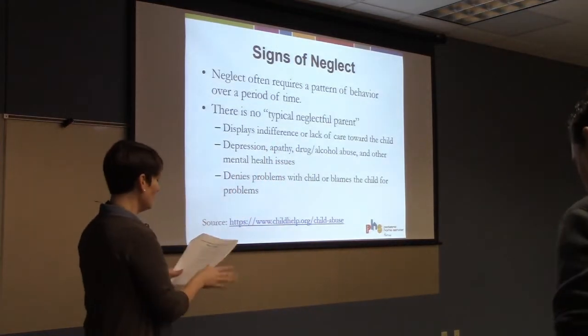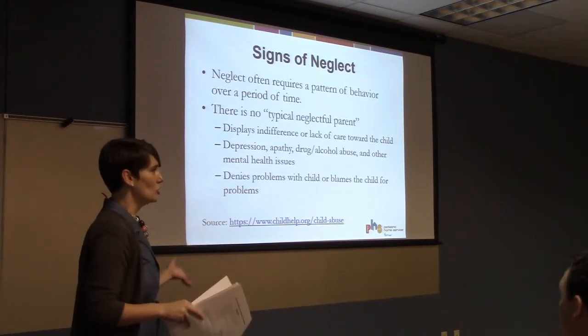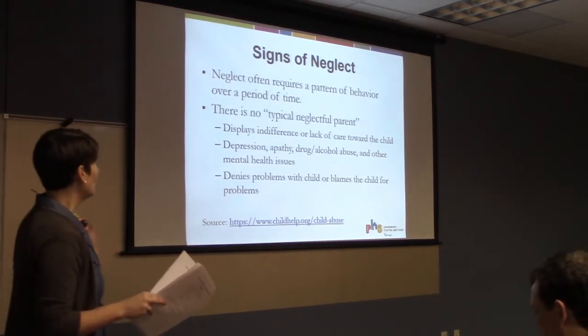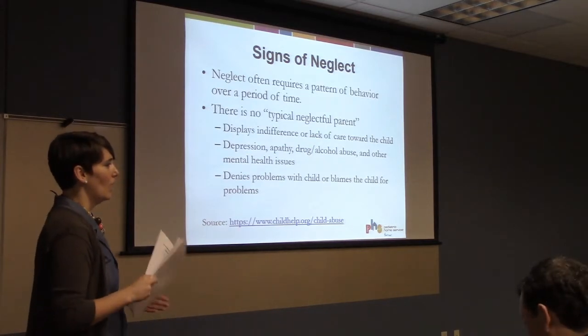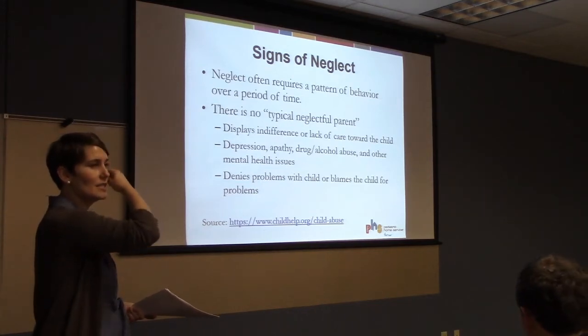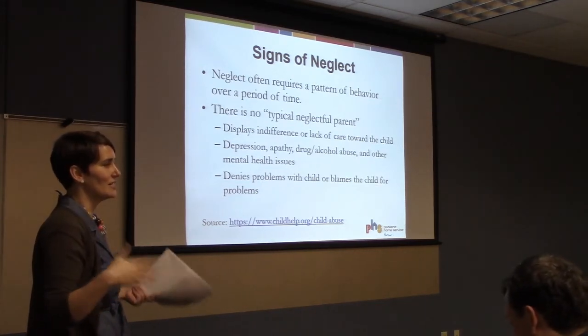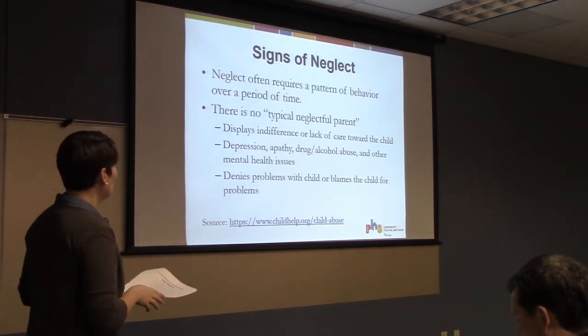Some signs of neglect. Like emotional abuse, neglect is often a pattern of behavior over time. It's not just one incident. So if you're sending us something and you're getting frustrated with us, it's usually this pattern that we need in order to report.